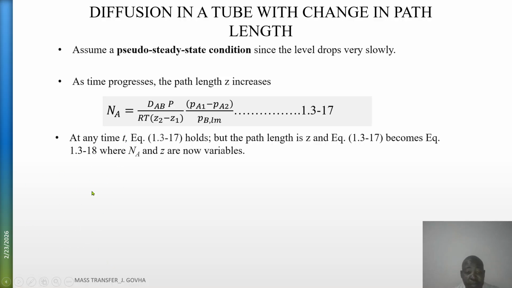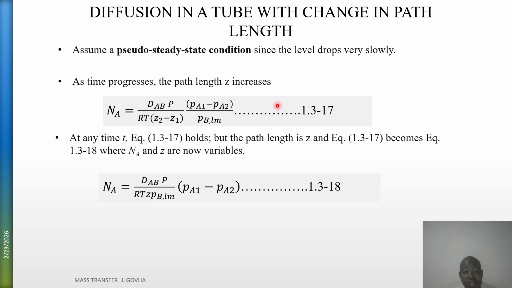At any time t, this equation, which I'm pointing at, holds, but the path length is z, and this becomes equation 1.3, the equation below.